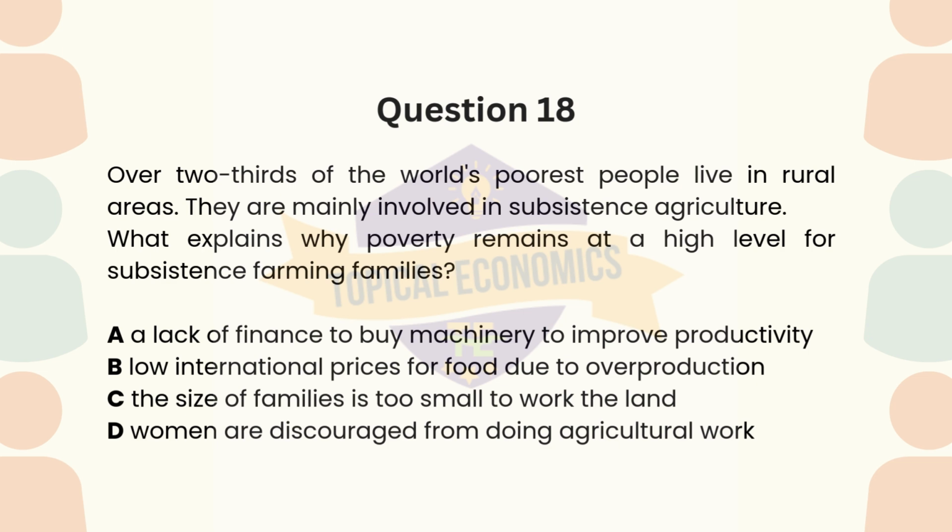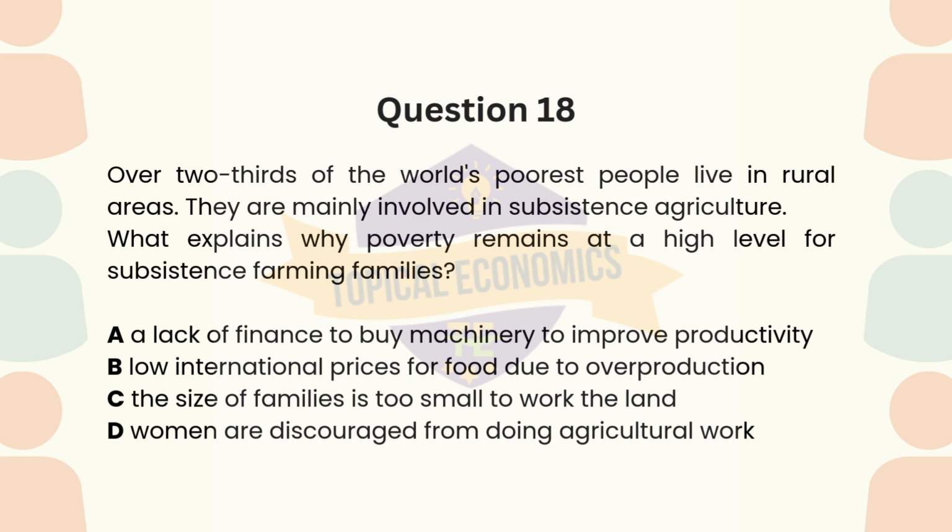Now, first option, a lack of finance to buy machinery to improve productivity. This is absolutely correct answer for this question. Subsistence farming families often lack the financial resources needed to invest in machinery and technology that could enhance their agricultural productivity, trapping them in a cycle of poverty. This is the correct answer, yet let us evaluate the other options also.